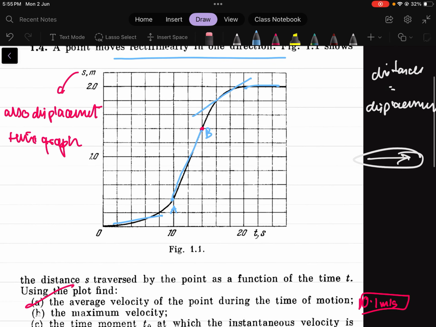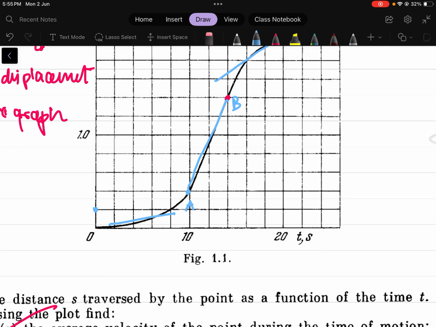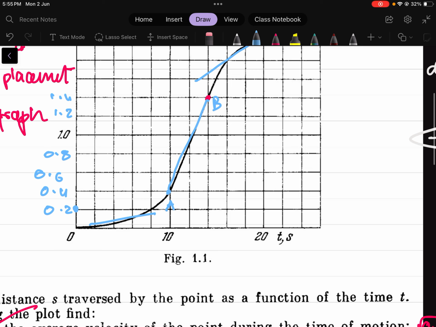So total displacement, if you look at the scale of the graph, this has to be 0.2, 0.4, 0.6, 0.8, 1.2, 1.4, correct? So the height is going to be 1 meter, and this is going to be 12, 14, 16, 18.